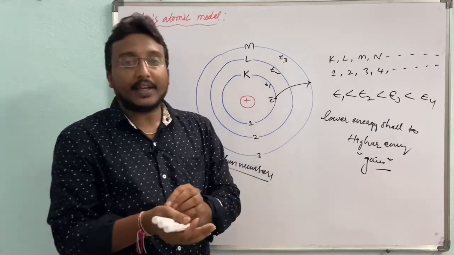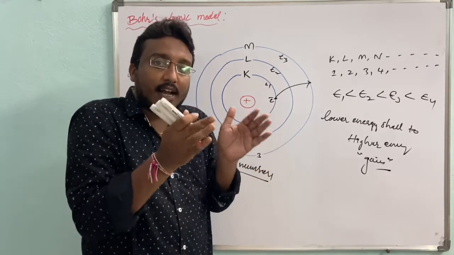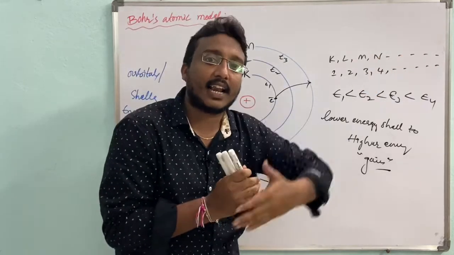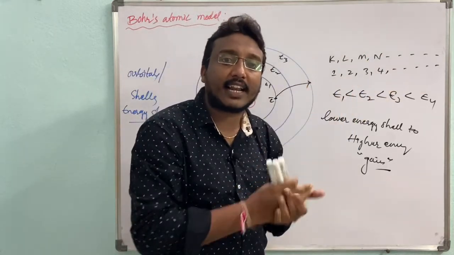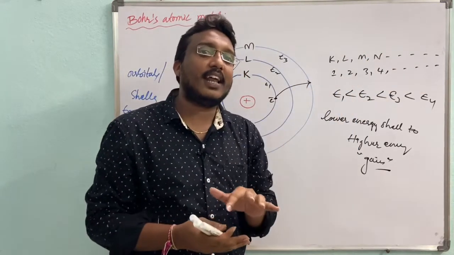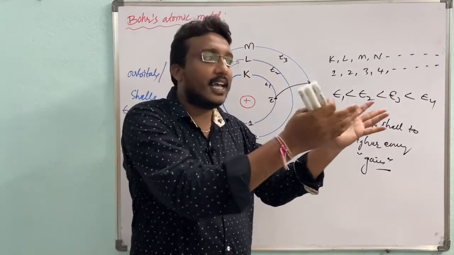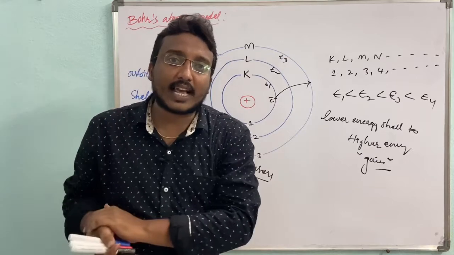For example, if a second class student is allowed to sit in 8th class, will he continue his studies in 8th class? No. Within a fraction of a second, or after a few minutes or a few hours, he will come back to his own class.